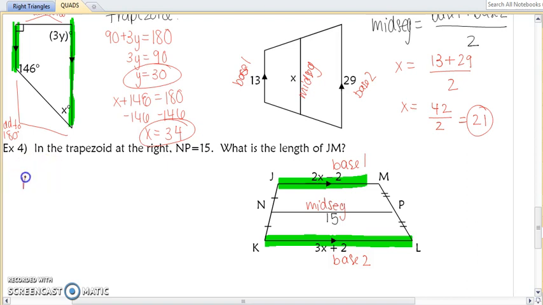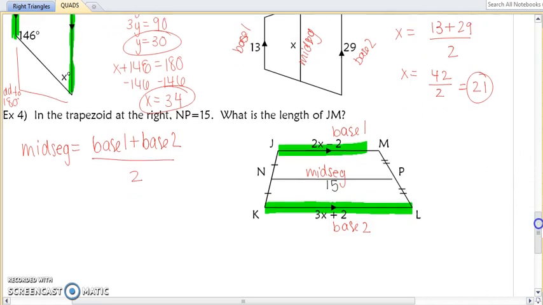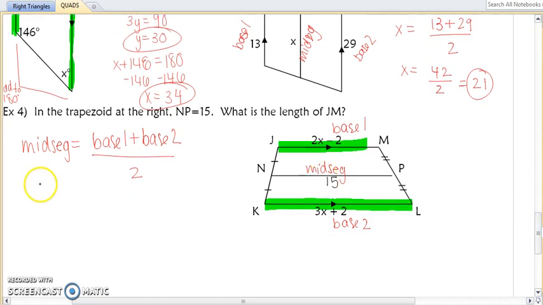Because we're given a mid-segment, I'm going to use the formula and plug in the given information. The given information is the mid-segment, which is 15. Base 1 is this entire algebraic expression of 2x minus 2, plus 3x plus 2.